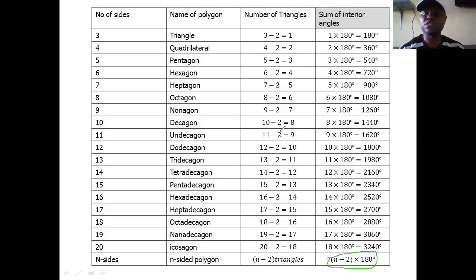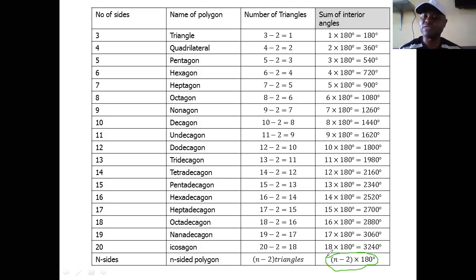As we proceed, is there a general formula to calculate the sum of the interior angles of a polygon? I'll say yes. The general formula is this. Some textbooks will break it down more, and they will tell you it is 2n minus 4 right angles.